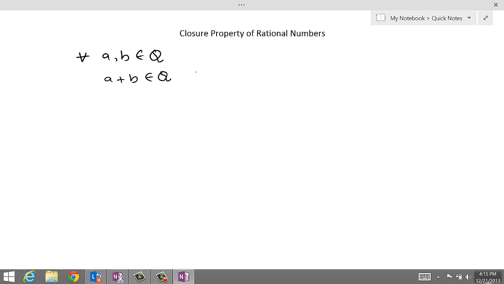This is called closure law with respect to addition. Closure law with respect to addition means if you add integer to integer, the answer is integer, which is rational.